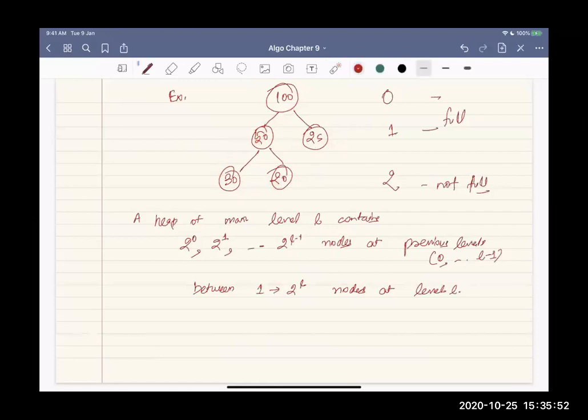Because of this property, and we will explain why, I can represent heaps using an array.